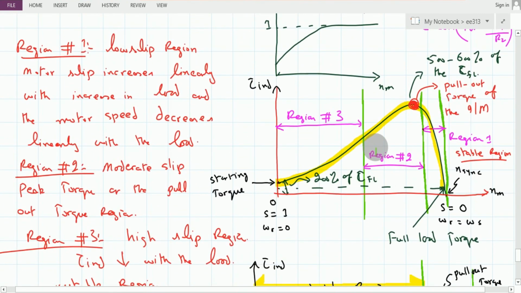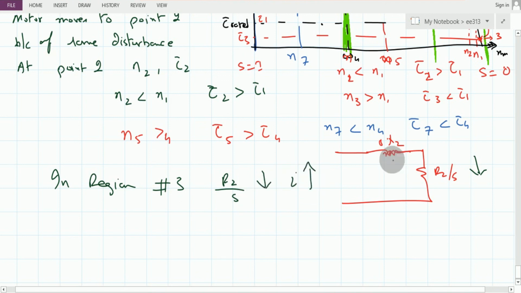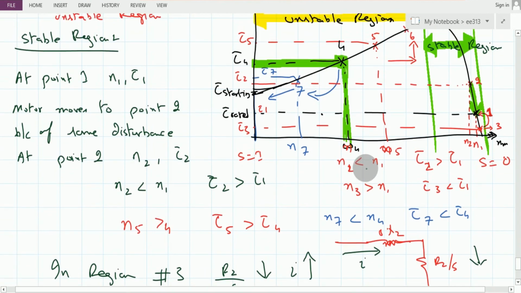Remember that this slip 3 is a high slip region, which means that the R2 over S is low in region number 3, which means that the current which is flowing into the rotor is high, right. So consequently the rotor circuit will draw a high amount of current, and therefore it is not recommended to operate the motor for a prolonged period of time in this unstable region, right.